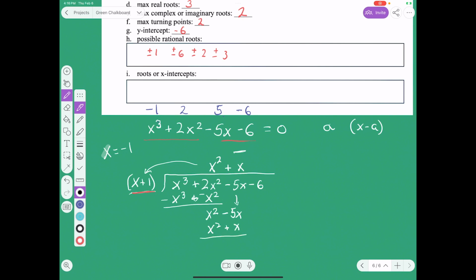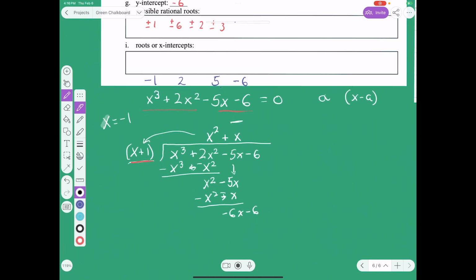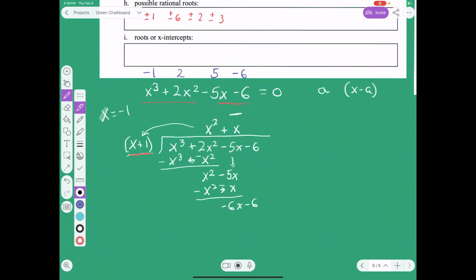Okay, so now I'm going to change the signs and add, and that gives me a minus 6x minus 6. Look at this. It's all coming together. And then I can put a minus 6 up here. Minus 6 times x is minus 6x, and minus 6 times 1 is a minus 6. And look at that, I get a remainder of 0. All right, so math is working today.